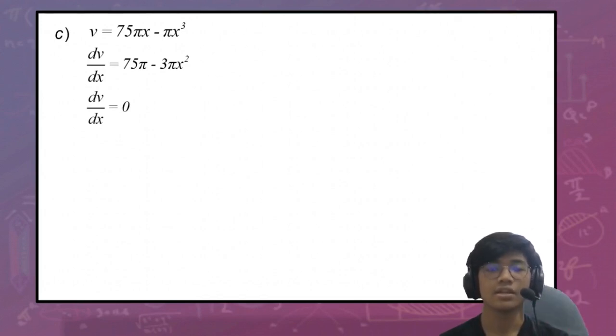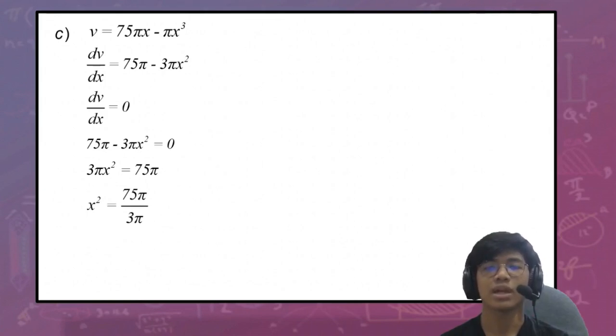After that, 75 pi minus 3 pi x square will equal 0. And then solve it by moving 3 pi x square to the right, and it will become 3 pi x square equal to 75 pi. Next step, move 3 pi to the right, and it will become 75 pi over 3 pi because we just want the only variable x on the left side.